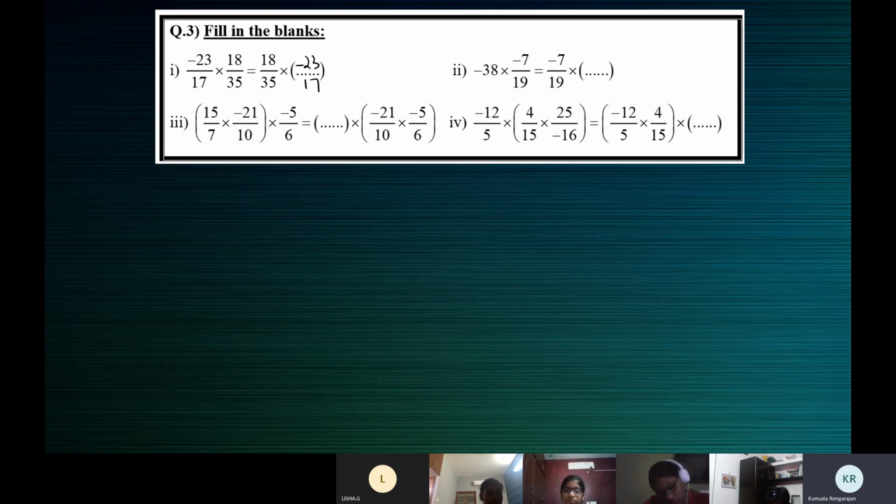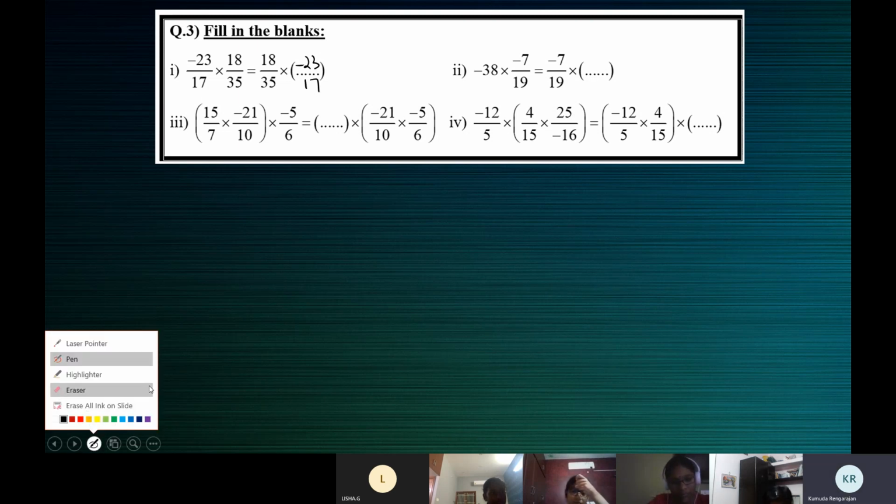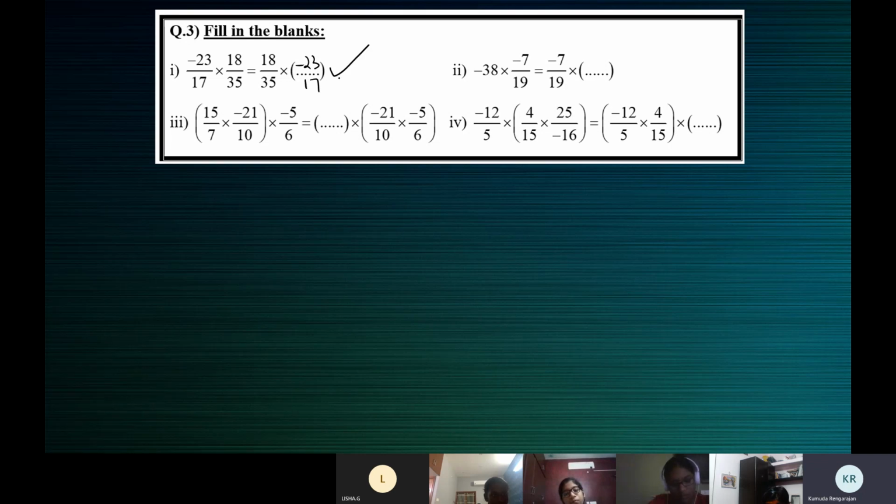So you should use these three terms and frame the property. Commutative property of multiplication of rational numbers. So children, we have used the commutative property to complete the statement.